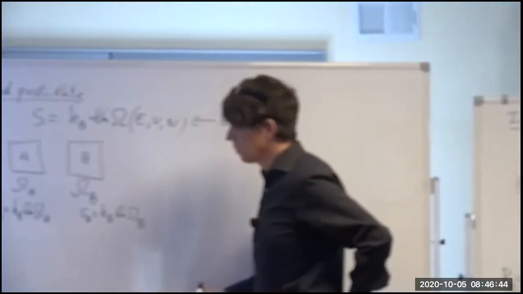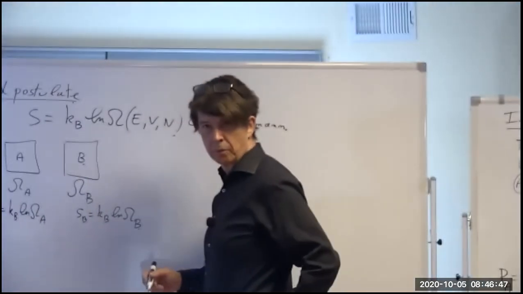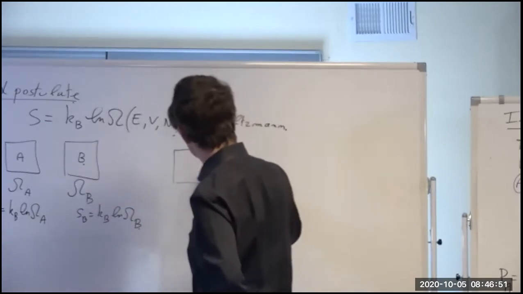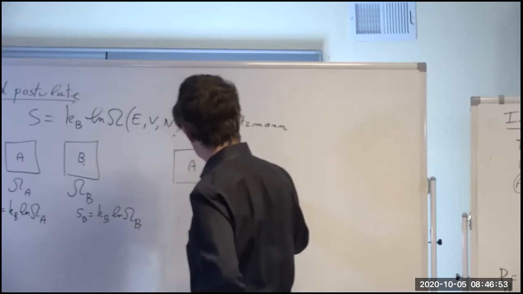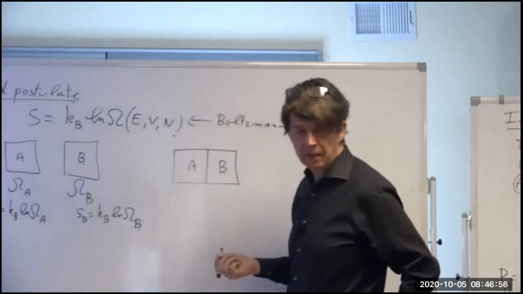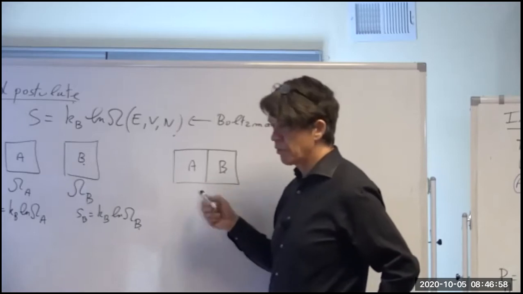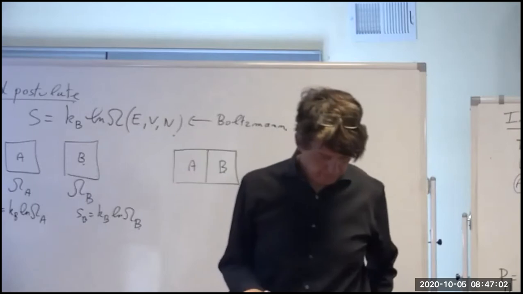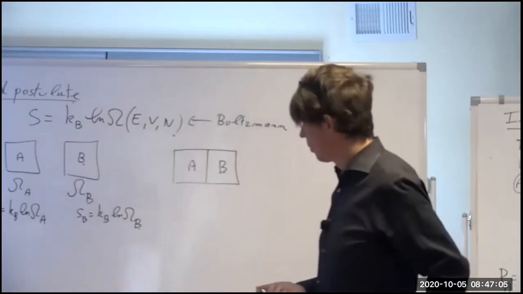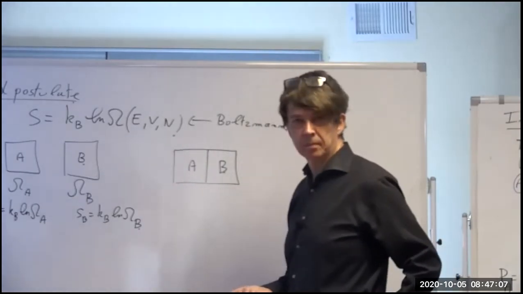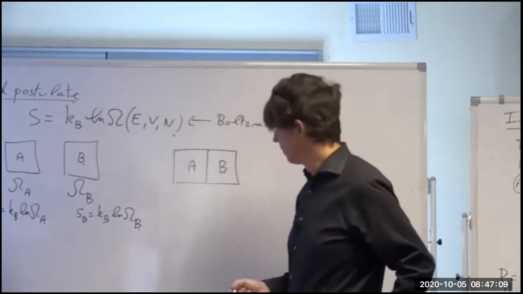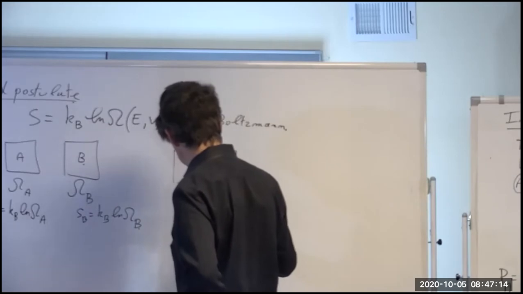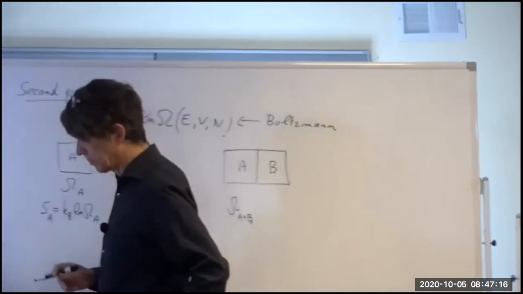If I now look at them together, but not mixed, so I look at them as one system, again isolated, they are not interacting within the system. I just take A and B together as a system. What is omega of this system? So what is omega of the mixed A plus B system? Think about that.